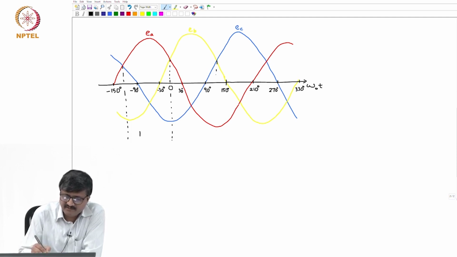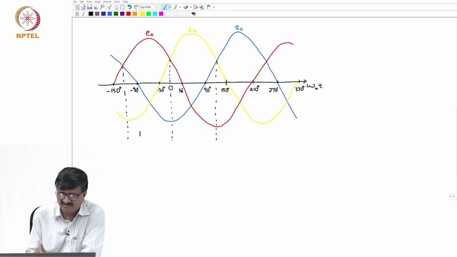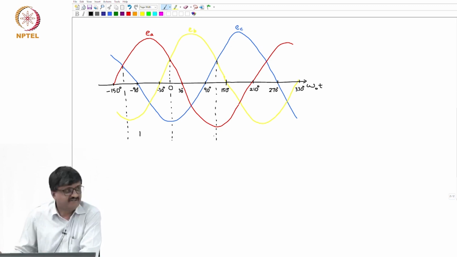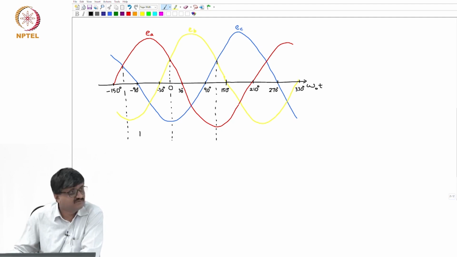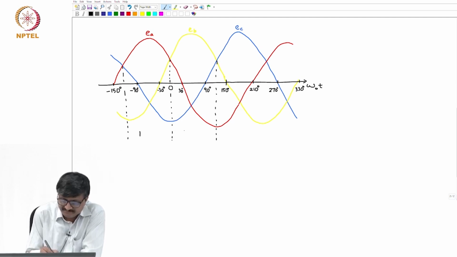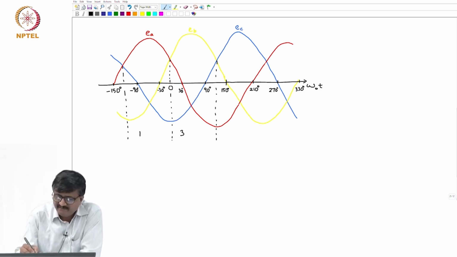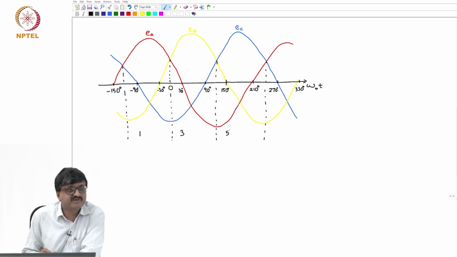Similarly, from this instant to this instant, one of the thyristor valves among 1, 3, 5 has the highest anode potential, that is 3. And again from this instant to this instant, the thyristor valve 5 is at the highest potential.